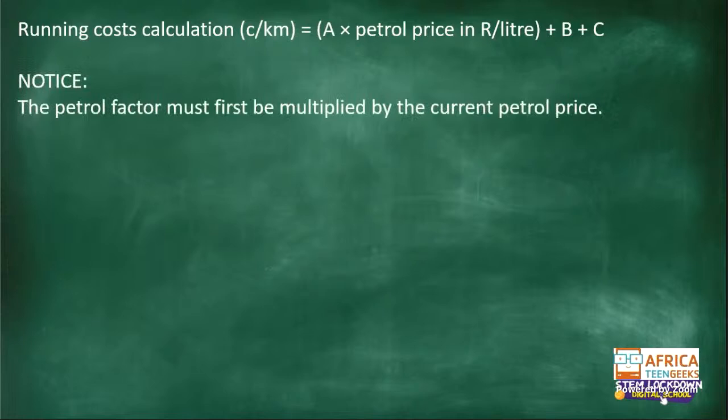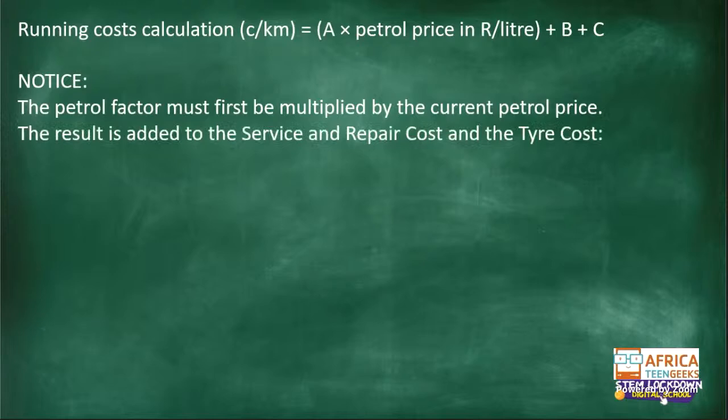So remember, once again, that the petrol factor, which is in cents, must be multiplied by the current petrol price. So the current petrol price must be multiplied with the petrol factor there, and then the result must be added to the service and repair cost as well as tire cost.